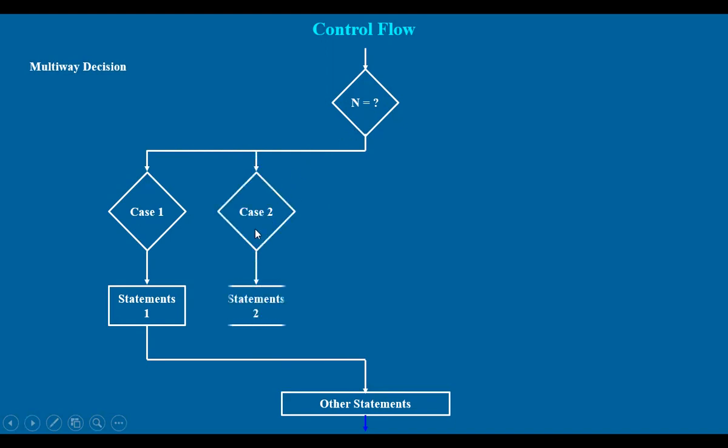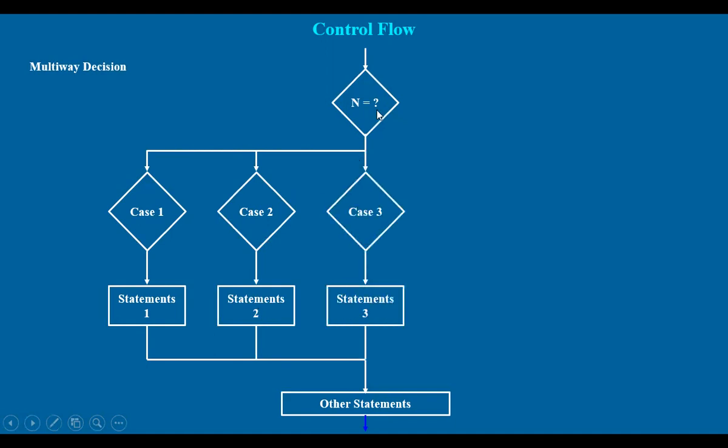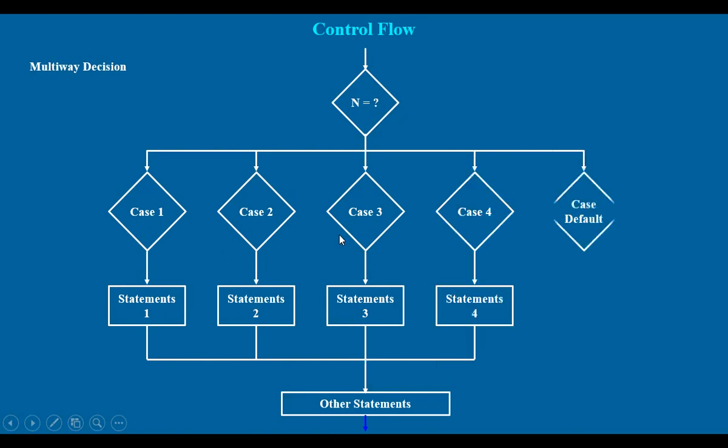That is treated as a case 2, and some other statements will be executed. Similarly, for n equal to 3, that is treated differently, and some other statements will be executed. Like this, it will go on. And when you have not given anything, a default case also can be defined, and the default statements will be executed. So this is the flowchart of a multi-way decision making.